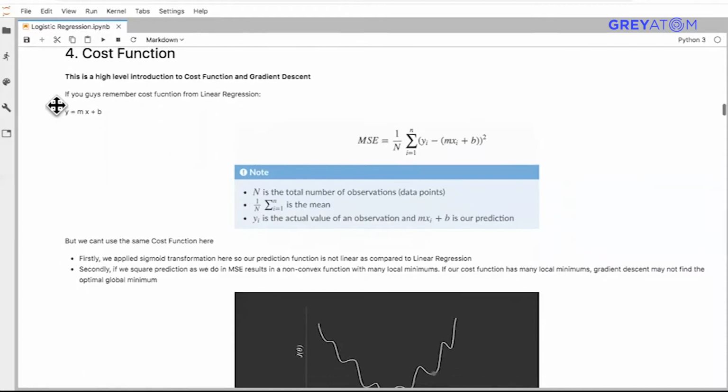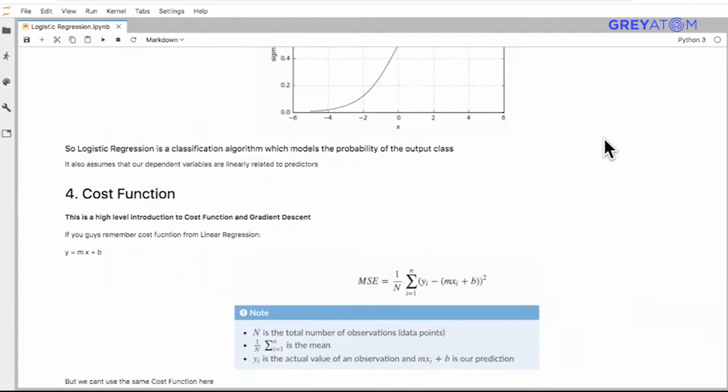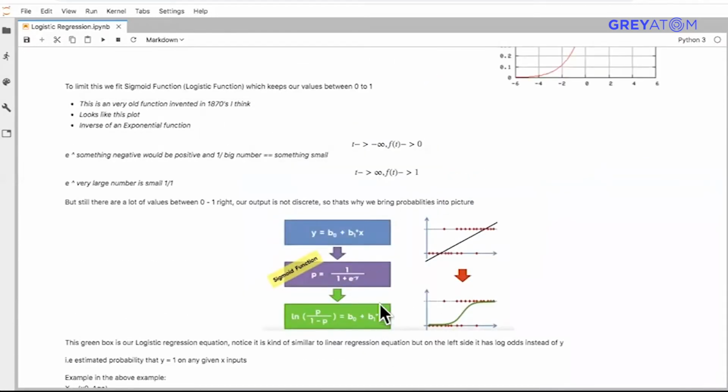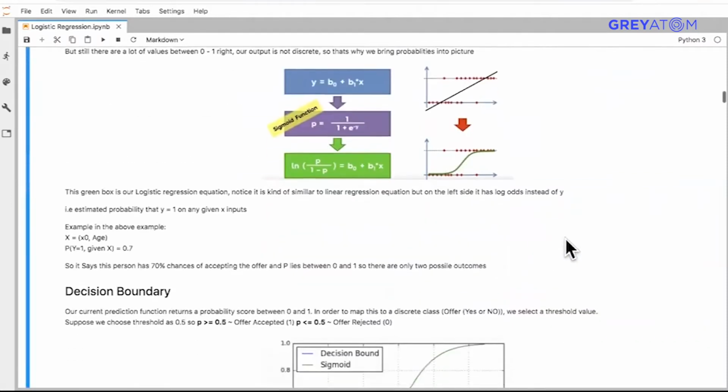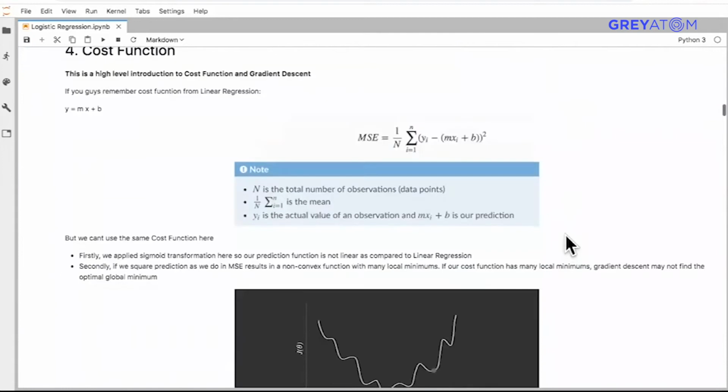Let me start by giving you the cost function of linear regression. Our equation here was almost linear in nature, but we don't use the linear regression cost function for logistic regression, and we'll see why.